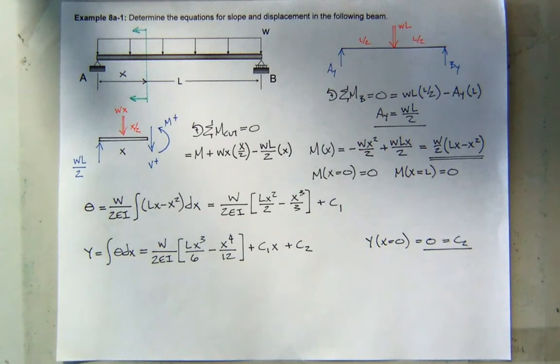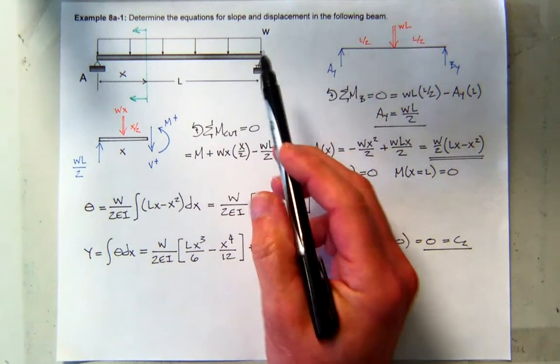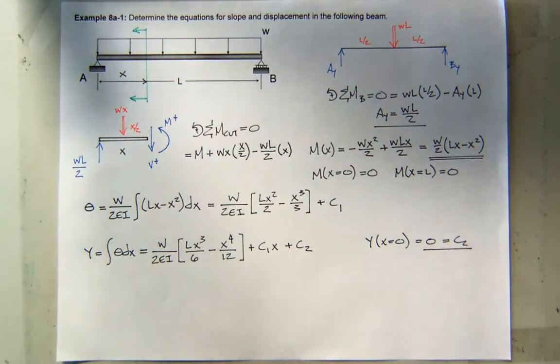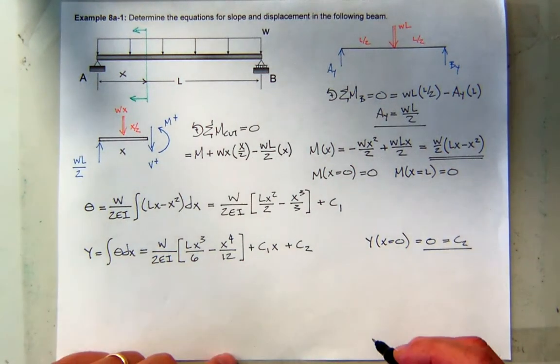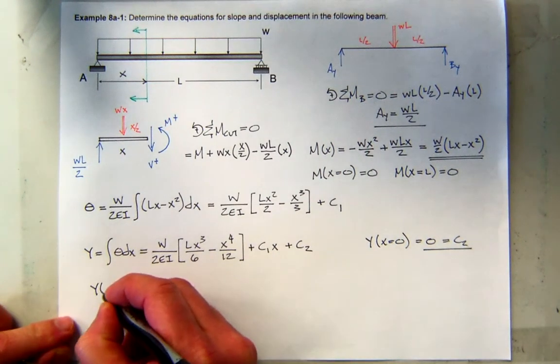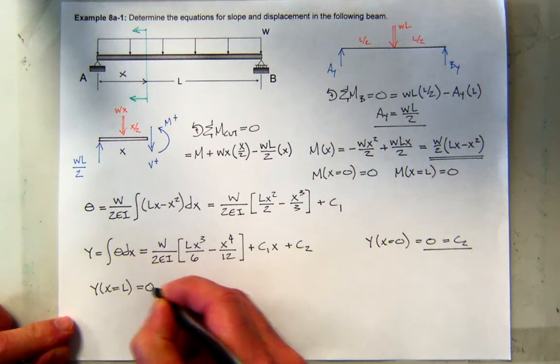So now what do we do? I've got one more place, which is when x is equal to L. Let me give myself a little more space here because I'm going to get all jammed up if I'm not careful. Let me do it over here. So at x equal L, I know y is also 0, but what do I get?